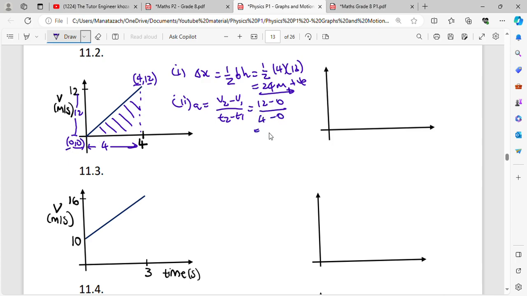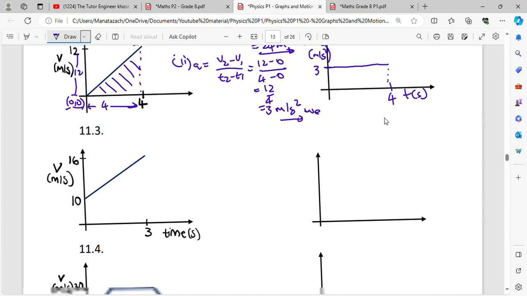So basically we'll have 12 over 4, which is 3 meters per square second in the positive direction. So let's plot the acceleration on the graph. So a 3 will be there, so acceleration will be a straight, constant line. So that's it for question 11.2.